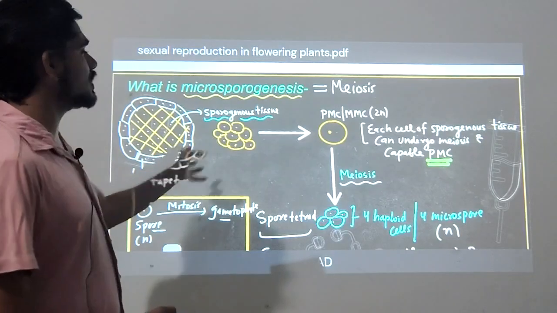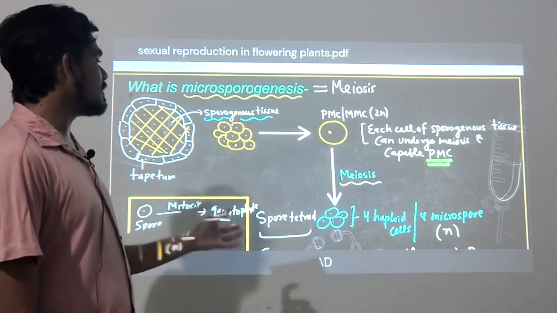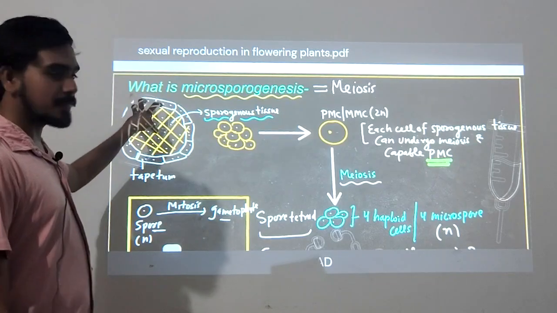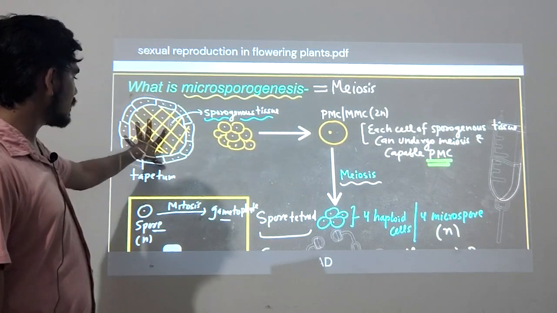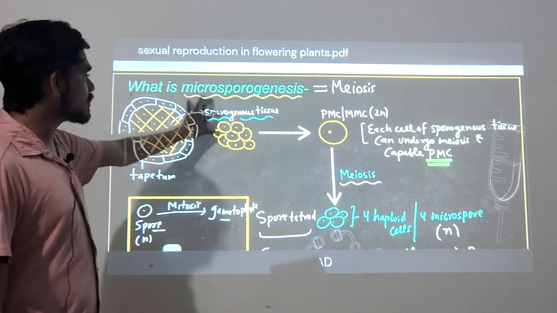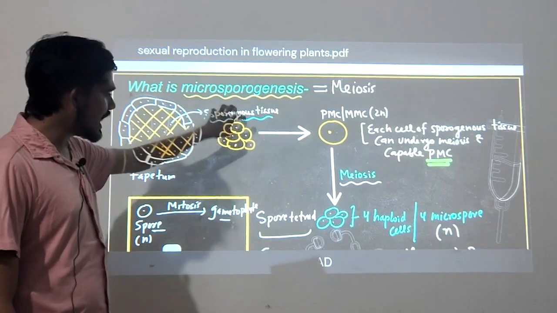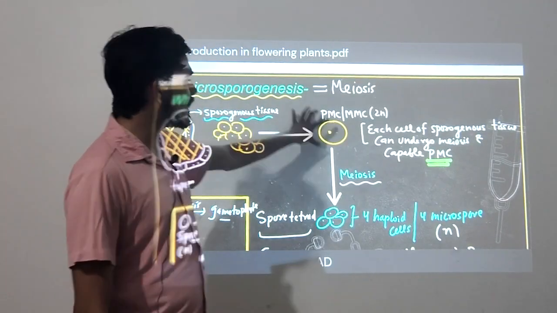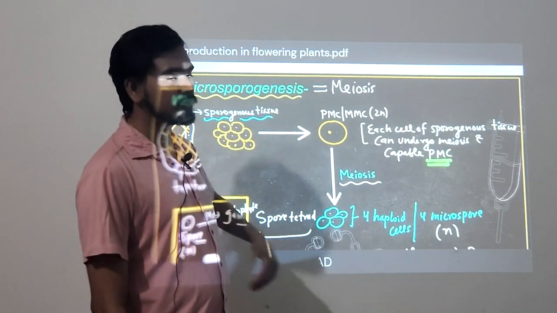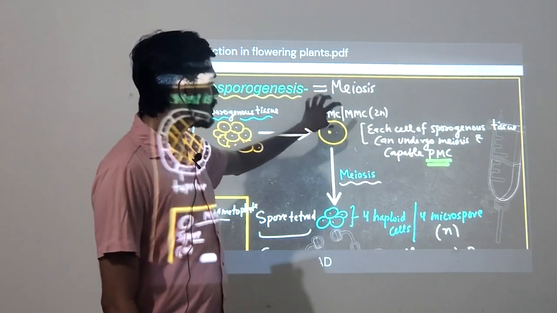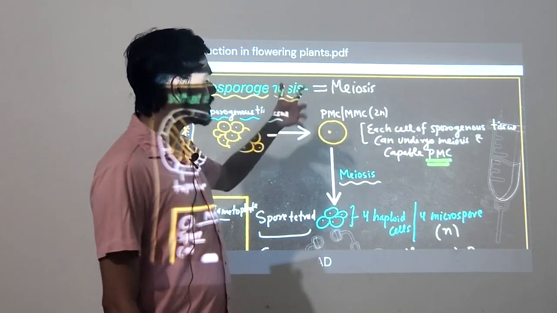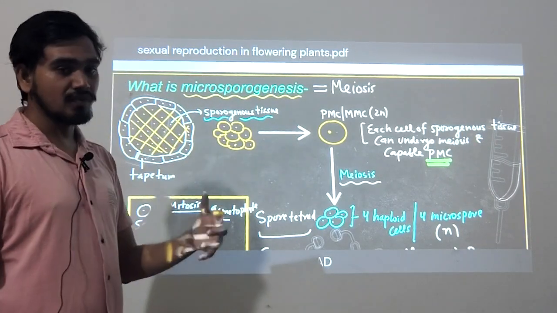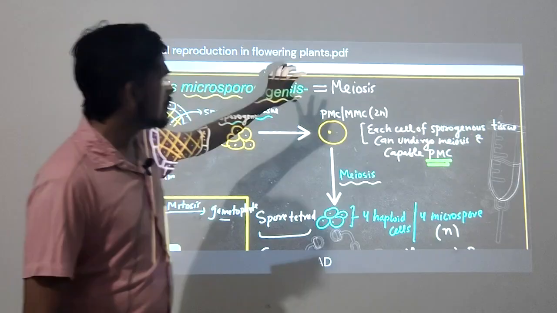Now we are going to discuss microsporogenesis, that is the meiosis. So see, this one is the sporogenous tissue present in the anther, and all of it is in the diploid condition. Each cell of the sporogenous tissue is able to form pollen grains. Each cell can undergo meiosis, and they are capable of forming pollen grains.